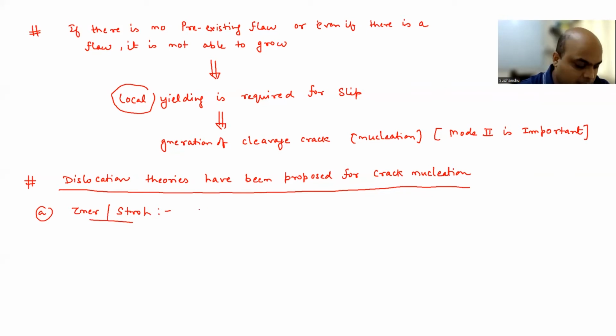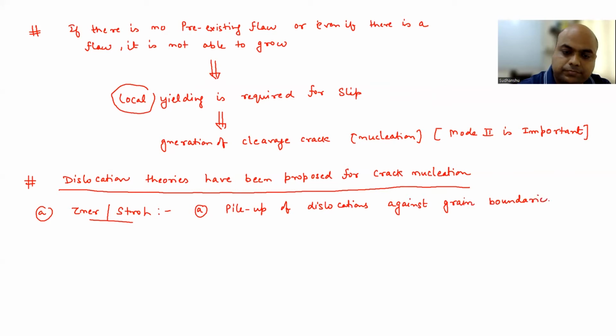So pile up of dislocations against grain boundary. Now you are going to nucleate a crack when you have a sufficient number of dislocations in the pileup.